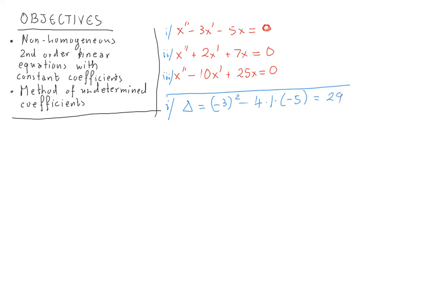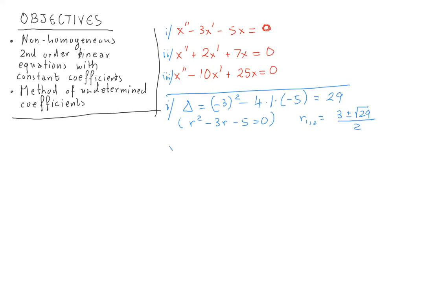So we have two algebraic roots for the auxiliary equation. You know what? It might be a good idea for me to write the auxiliary equation so that everybody can see what I'm talking about. This is the auxiliary equation. And the two roots that I found would be 3 plus or minus square root of 29 divided by 2, right?